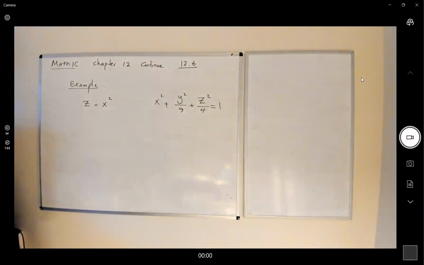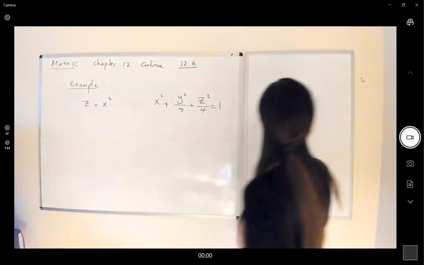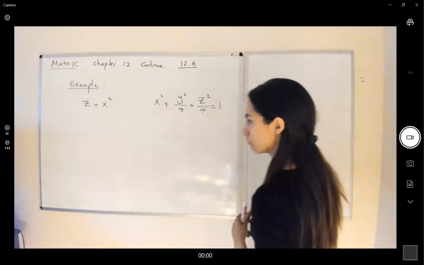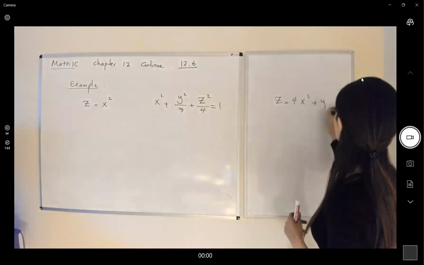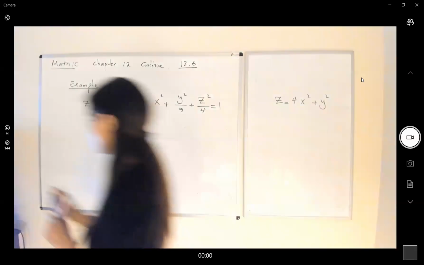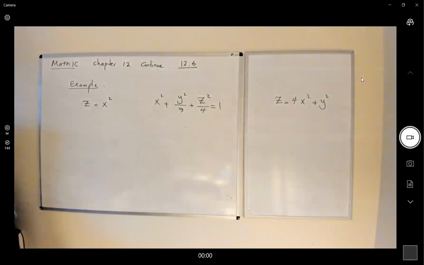And finally, you have z equals 4x squared plus y squared. Okay. Before doing any algebra, let us graph this quickly.